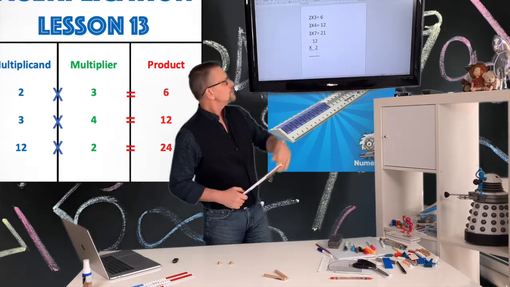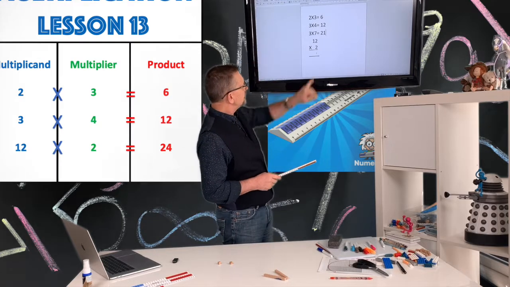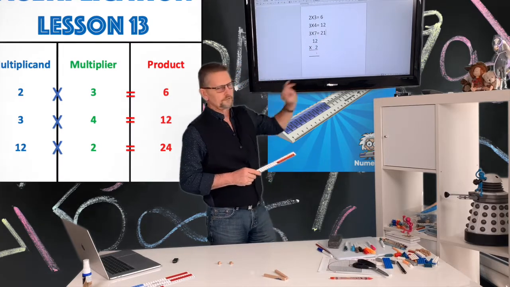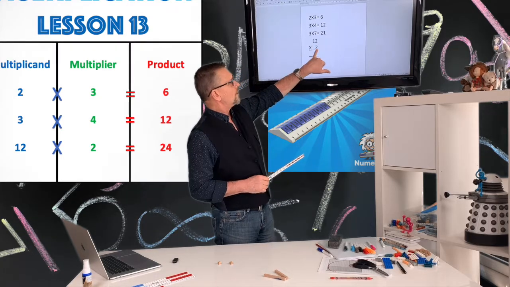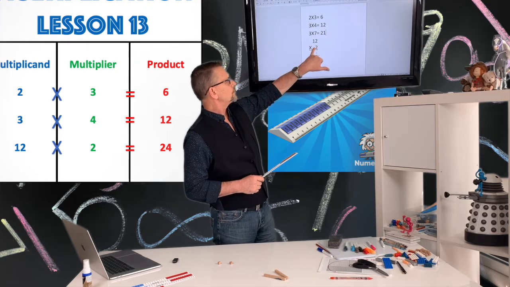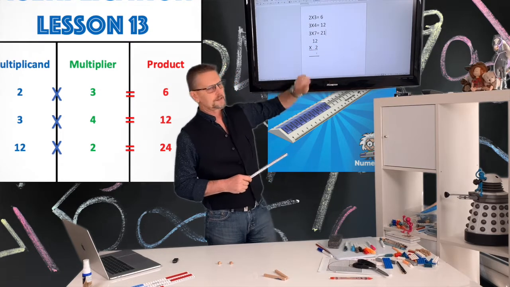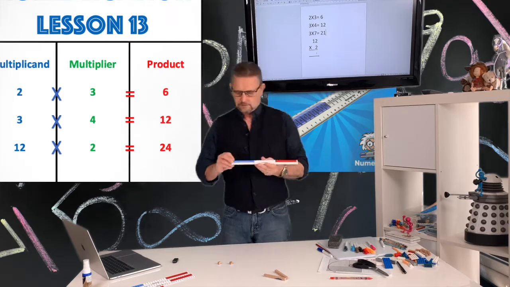Fantastic. All right. Now, finally, let's move on to when the kids will go from writing equations in a horizontal format to writing equations in a vertical format and keeping numbers in their place value columns. All right. So this time we've got 12 lots of 2. So we've got the multiplicand and we've got the multiplier and we want the product here. All right, so let's have a look at 12 lots of 2.